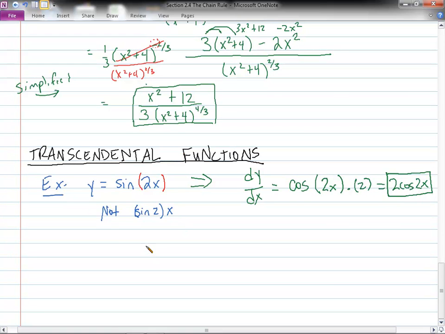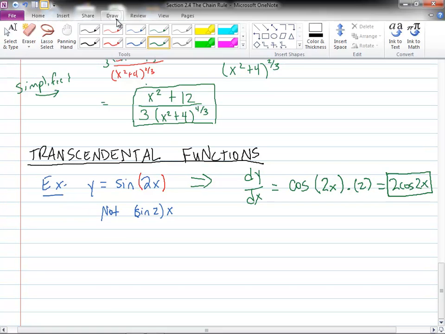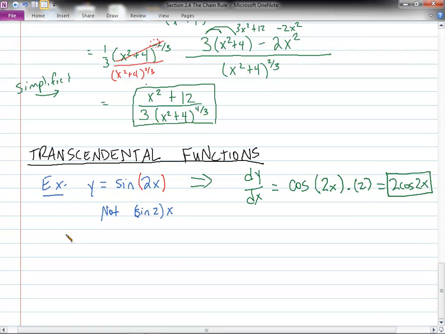Okay. Let's do another one similar to that. We'll do one with a cosine in it this time. Y is cosine of, say, x minus 1. I took a second in class to let students try to work this one on their own. See what they come up with.